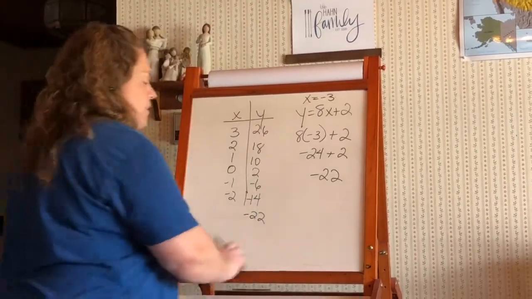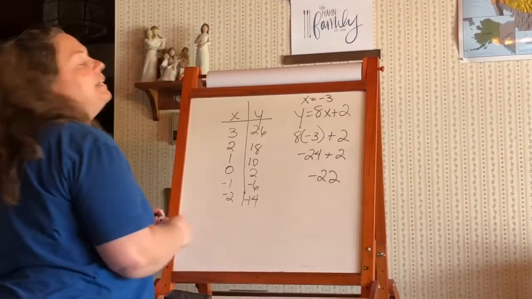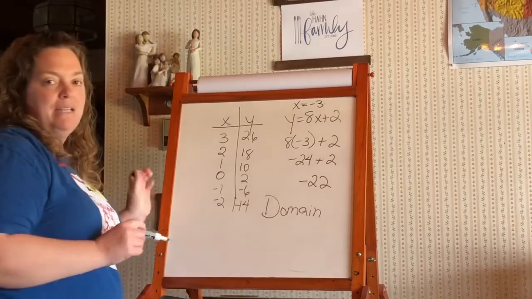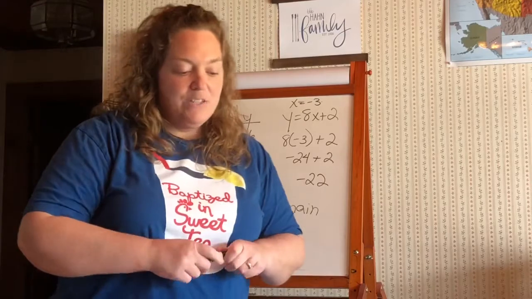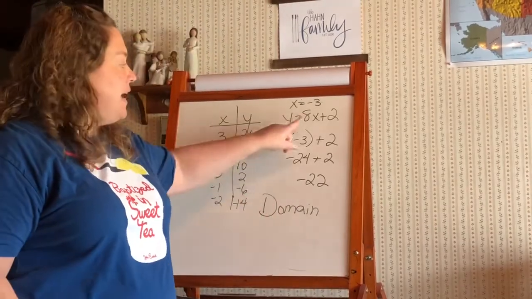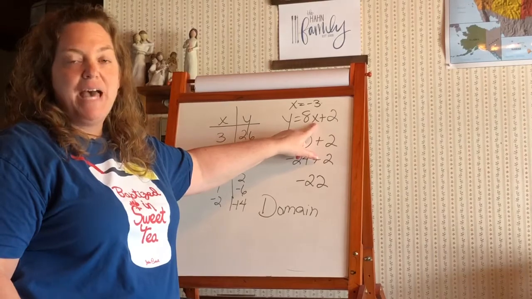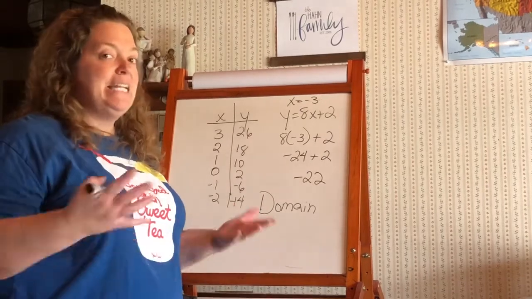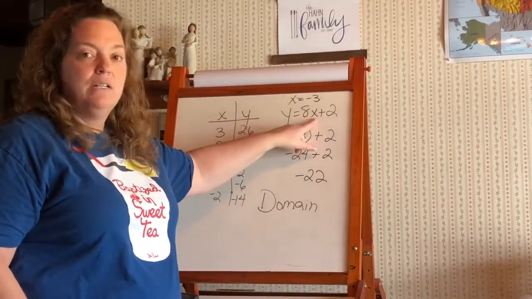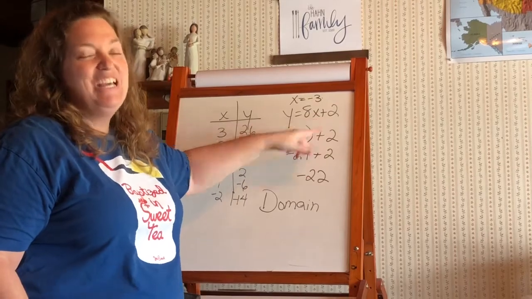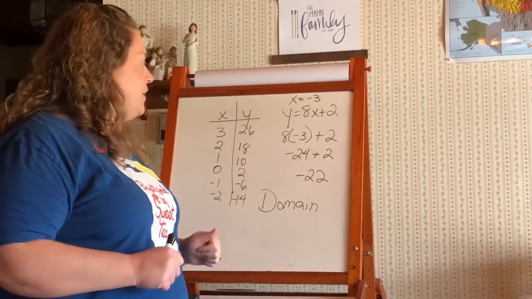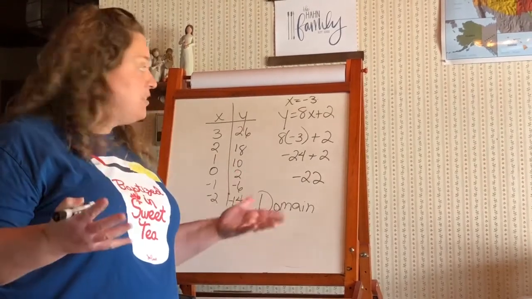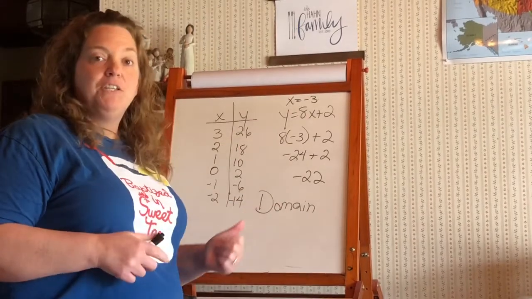Now, there's a couple more vocabulary words to look at in here. One is called the domain. And the domain is all the possible numbers that can be put in for the independent variable. So when we look at this, is there any number we can't use in here? No. We could do any negative number, we could do a 0, we could do any positive number, any decimal, any fraction, and get a value for y.